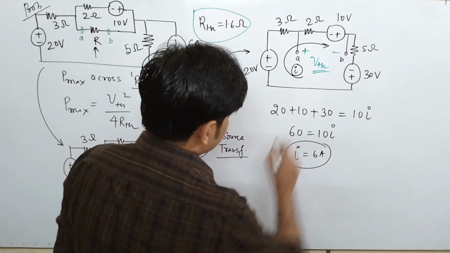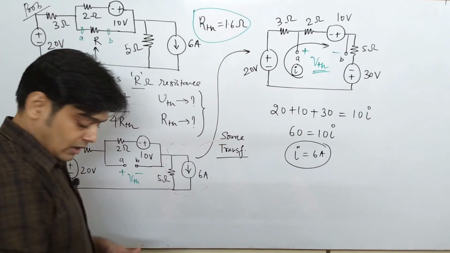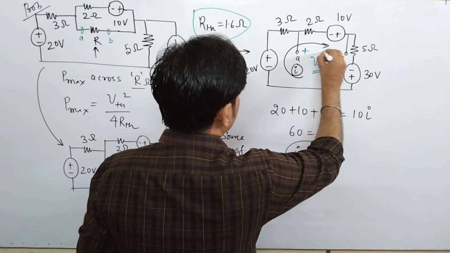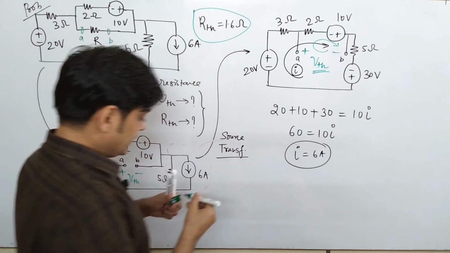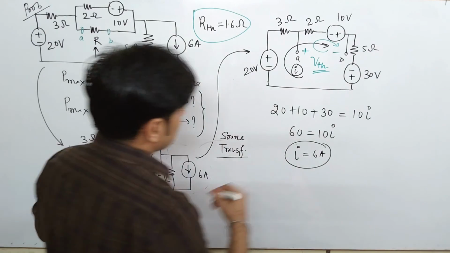So what is your VTH? Now you apply one loop here. I am applying another loop here for finding out the value of VTH. So the value of VTH, how much is it?